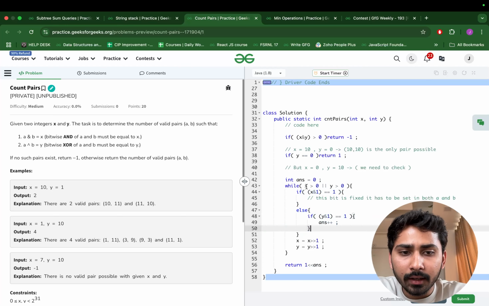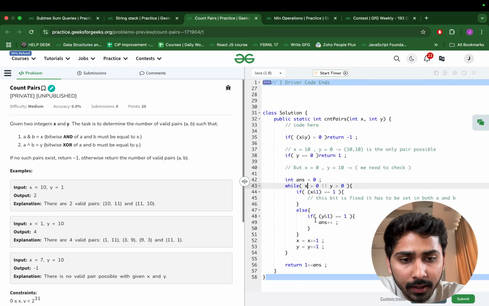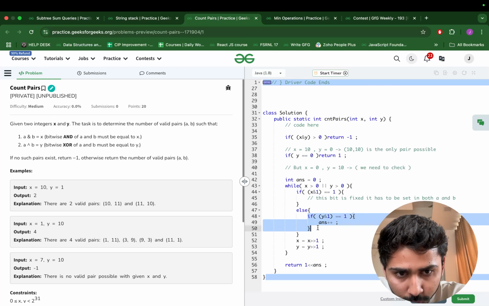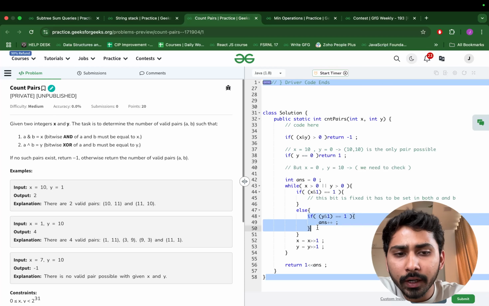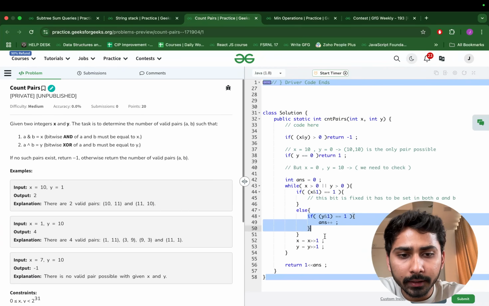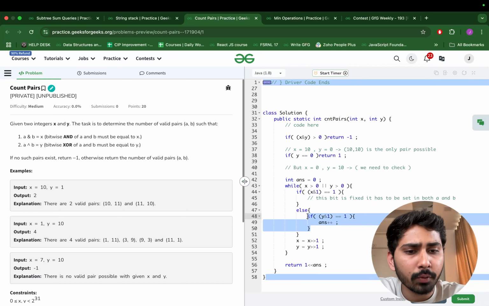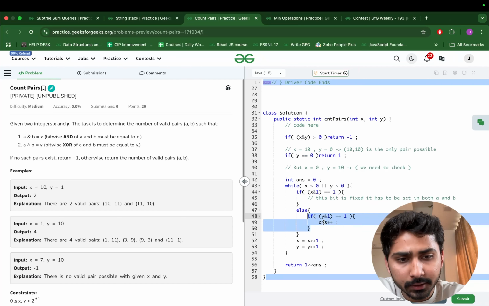So due to this condition, we have concluded that the ith position in y is also unset. That means again one fixed position has been found, so I will not increment my answer. But if we have the ith position set in y, then I am incrementing my answer.